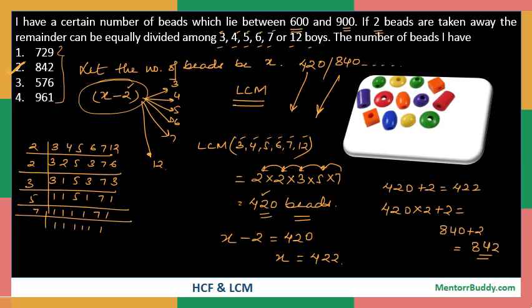We are not going further because we know that the beads are between 600 and 900. If I take 420 more beads, that is 1260, this number goes beyond 900. Therefore the answer to this question is 840 plus 2, that makes it 842.